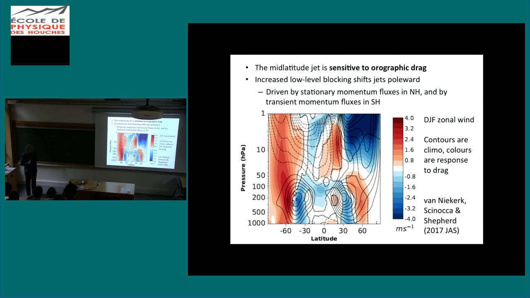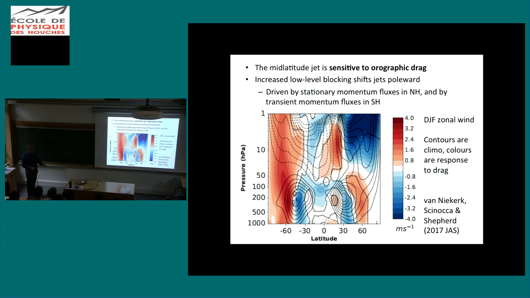There's something called the low-level blocking, which is the Lott-Miller scheme. Francois Lott is the classic scheme that's typically used for this. This is if you can't generate gravity waves, then the flow has to go around the mountain. And that parameter is uncertain. What she did here was, I think, without any low-level blocking and then adding it back in.